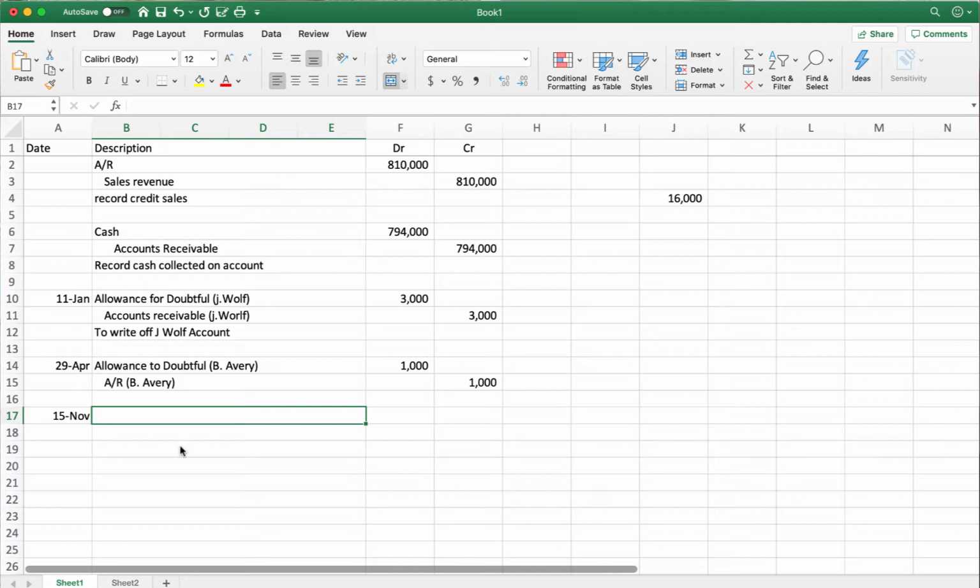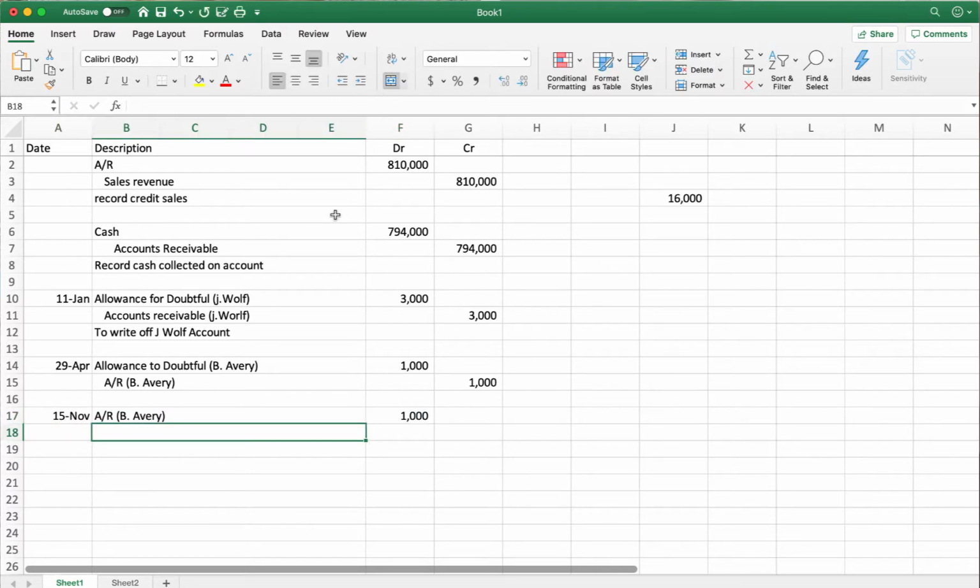So, the first thing I need to do is undo what I did on April 29th. April 29th, I debited allowance for doubtful accounts, B. Avery, credited AR, B. Avery. November 15th, I need to reverse that. So I'm going to debit AR, B. Avery, for $1,000.